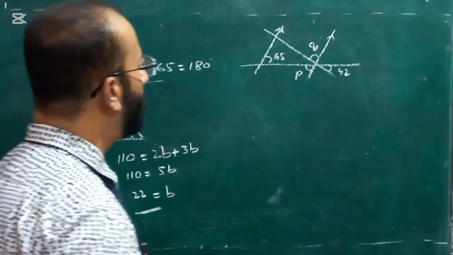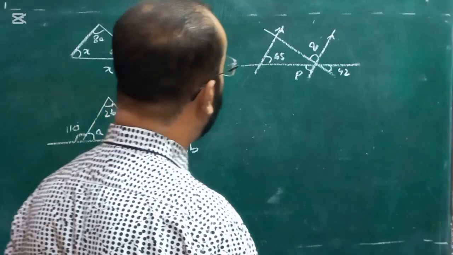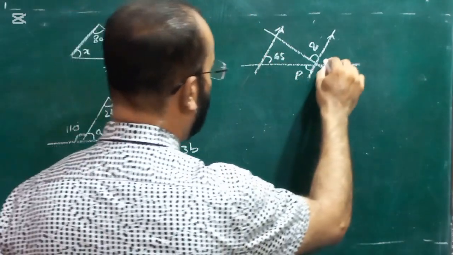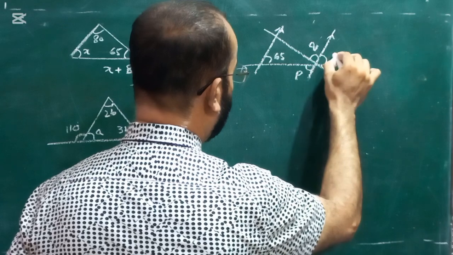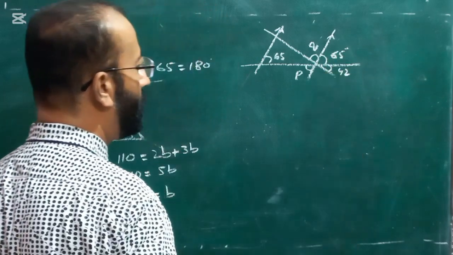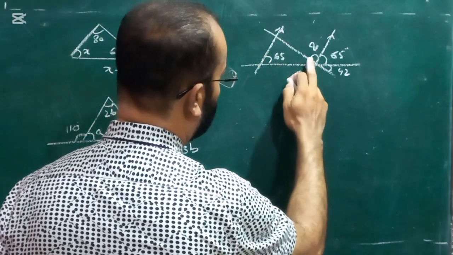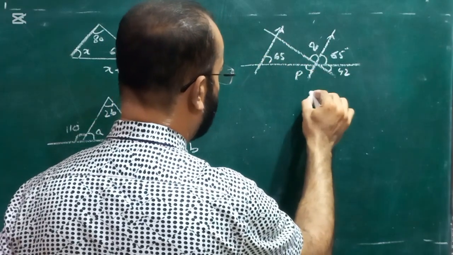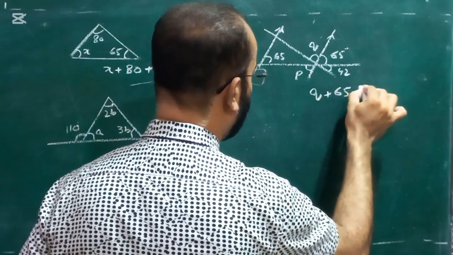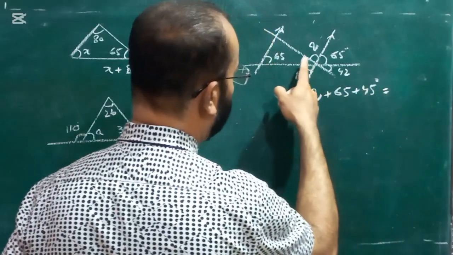In this question, you see these two are parallel lines, so this angle should also be 65 because of the corresponding angles. And if you look at this straight line now, Q plus 65 plus 42, these are the sum of the angles on a straight line.